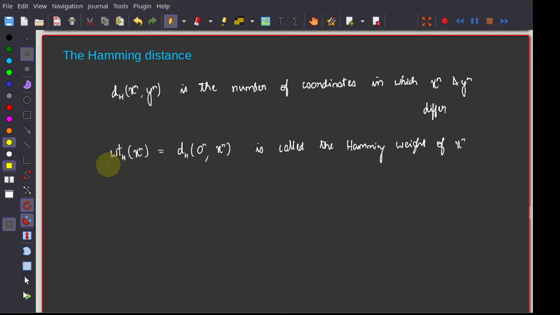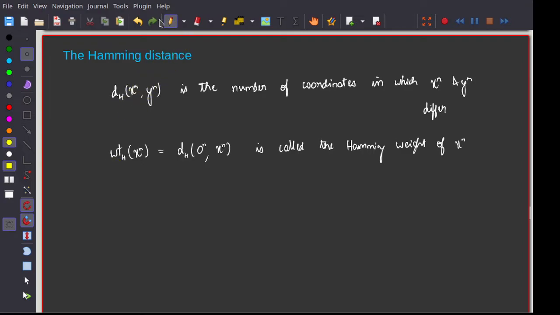And I'll introduce one more notation. wt subscript h of xn, which is basically the Hamming distance between the all zero sequence and the given sequence x. Right? That's what is called the Hamming weight of a given sequence.